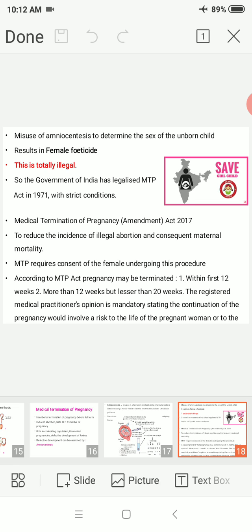This is totally illegal. So the Government of India legalized the MTP Act in 1971 with strict conditions.